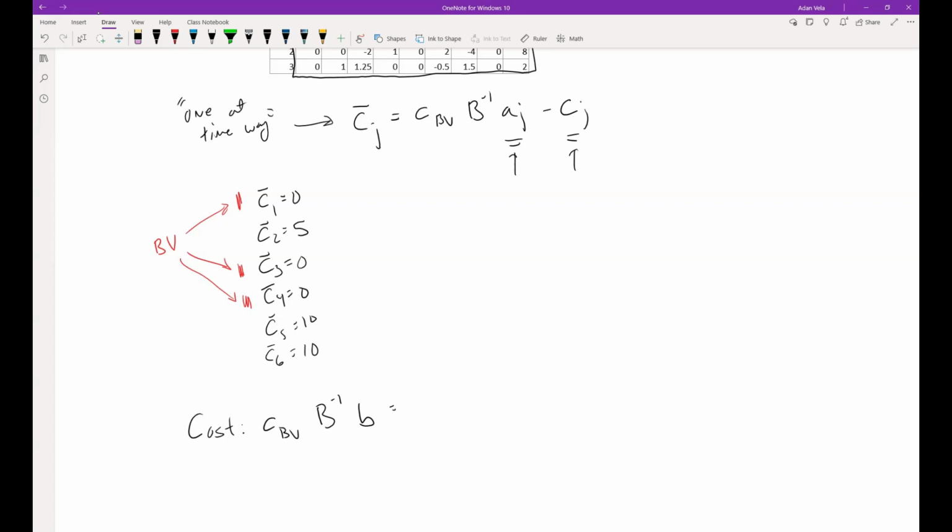So what's CBV? 0, 20, 60 times B inverse times B. Right.